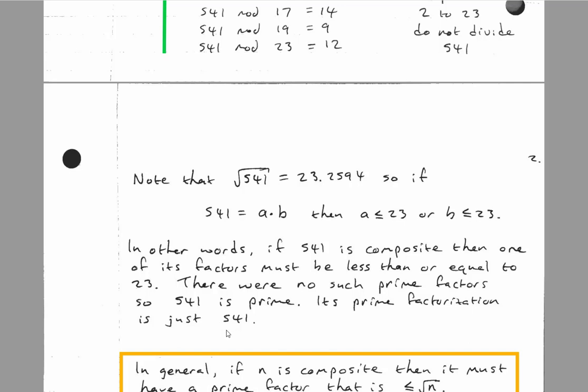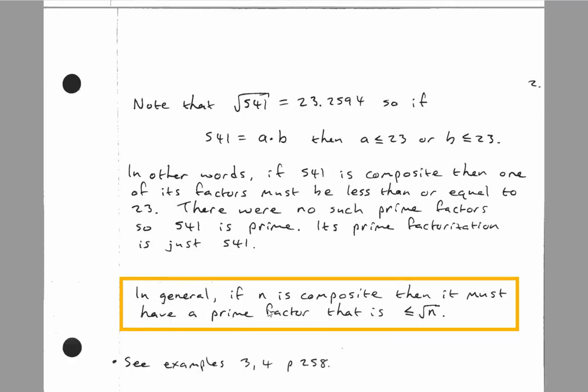Alright, so the moral of that story: in general, if n is a composite number, then it must have a prime factor that is less than or equal to the square root of the number. And conversely, if you've checked all the prime factors up to the square root and none of them divide n, then n must be a prime number.